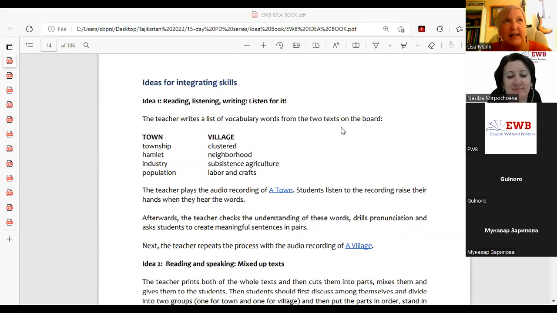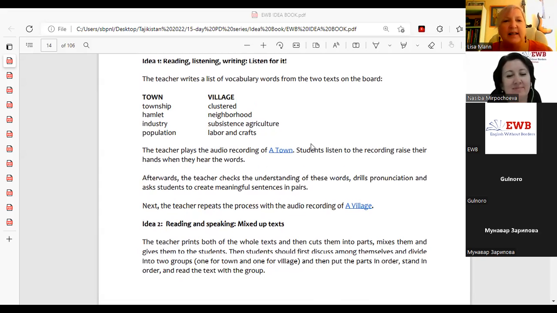Now, again, these Tajik books are focused on reading comprehension and pretty much only focus on reading comprehension. So we decided to think of ways to integrate more skills. So we're not only focusing on reading every single time.